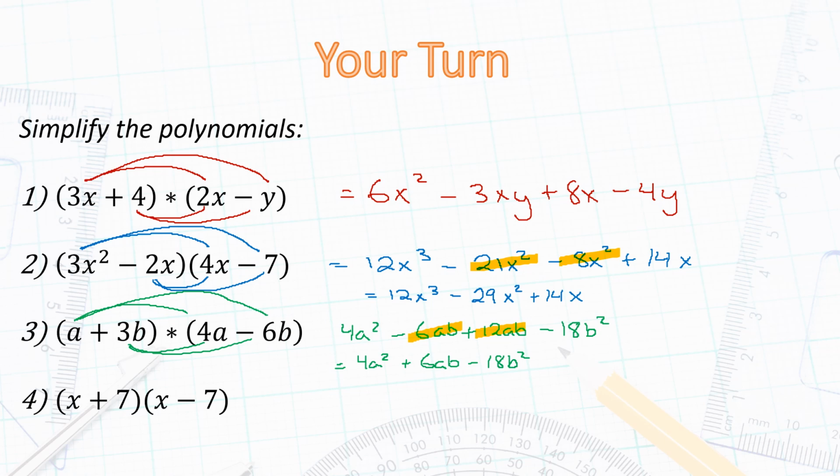Done. And the last one, x times x, x squared, x times minus 7 is minus 7x, 7 times x is plus 7x, and 7 times minus 7 is negative 49. So these actually cancel. 7x minus 7x is 0x, and we get x squared minus 49 as my final answer.